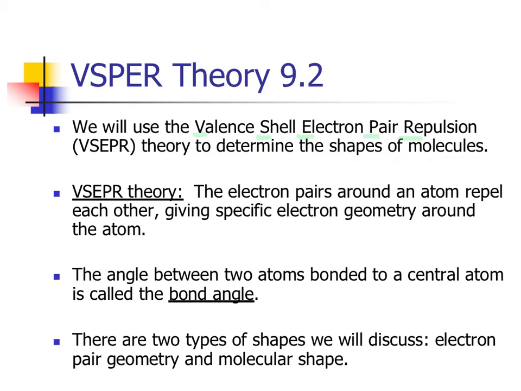VSEPR theory tells us that the electron pairs around the atoms repel each other, which would make sense, because electrons both have a negative charge, and like charges repel, so they are going to want their space around that central atom as much as they can.